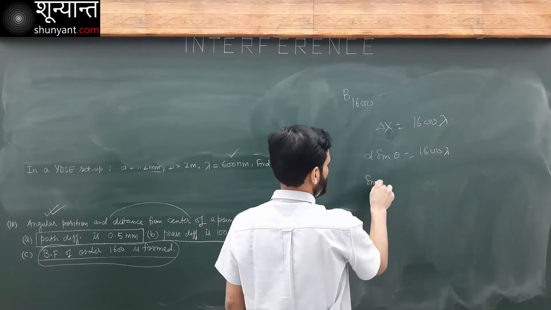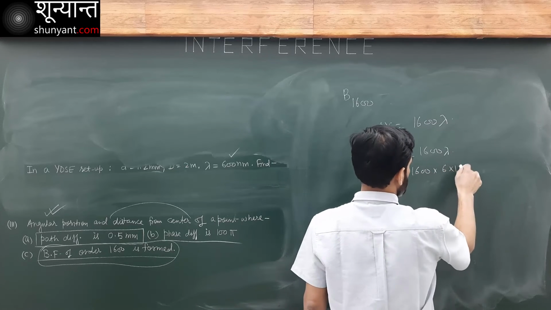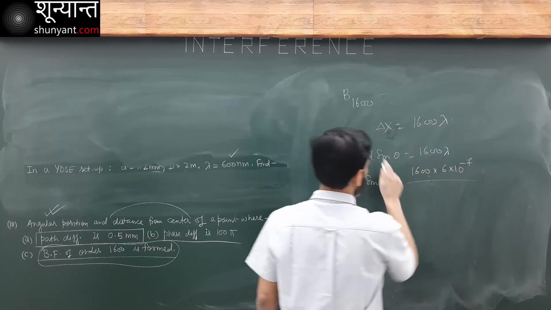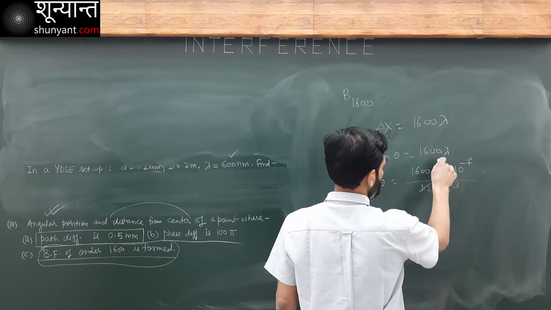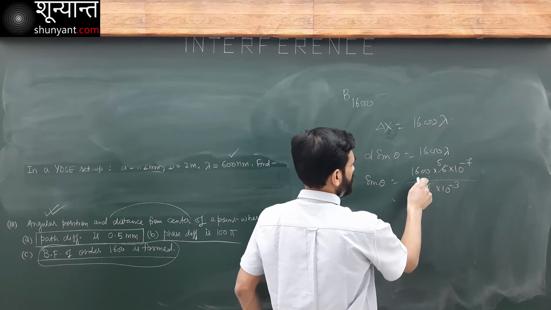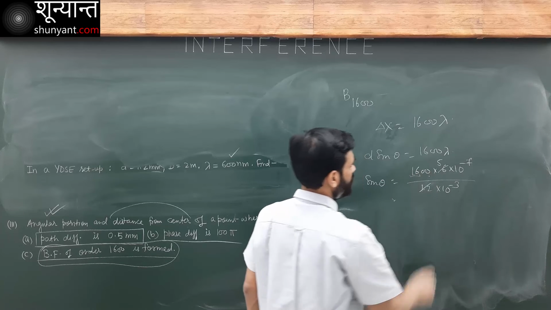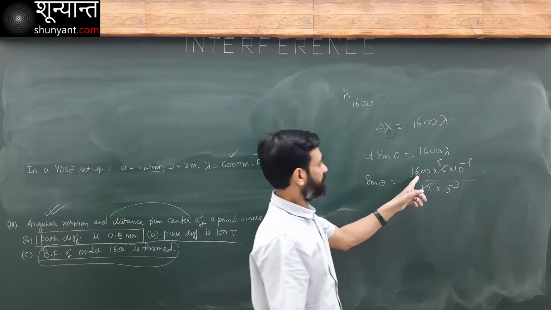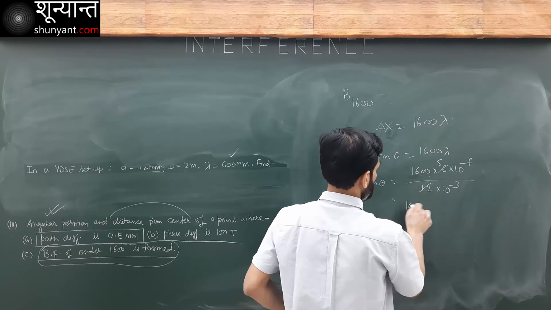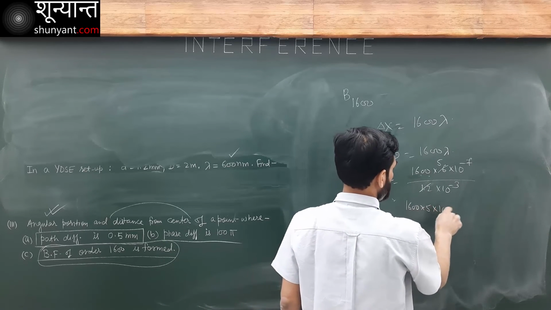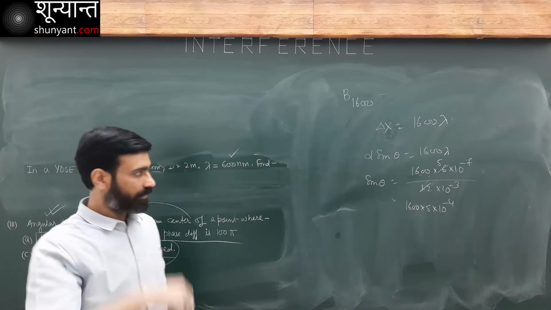Okay, what is sine theta? It is 1600 and 6 and 10 and minus 7 and 1.2 and 10 and minus 3. This becomes 5. So this is 1600 into 5 into 10 and minus 4.